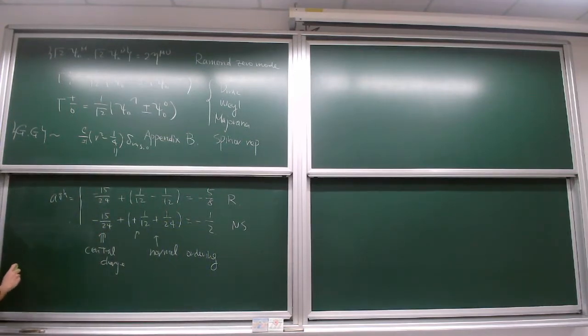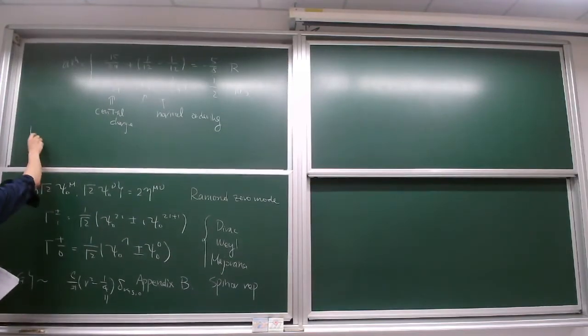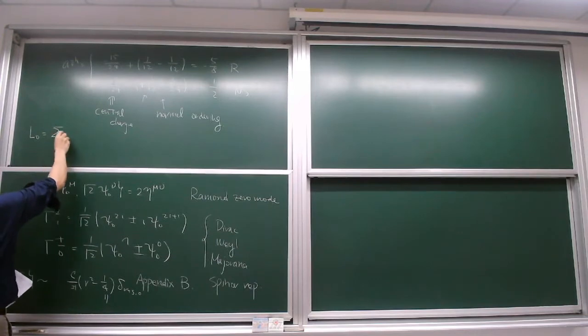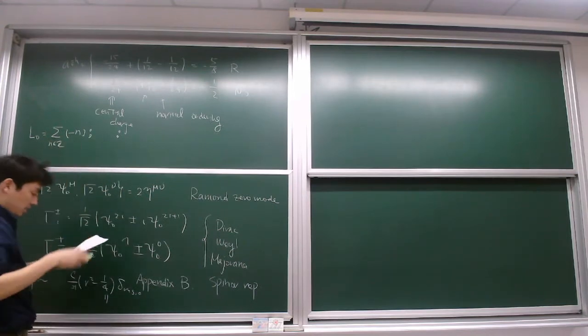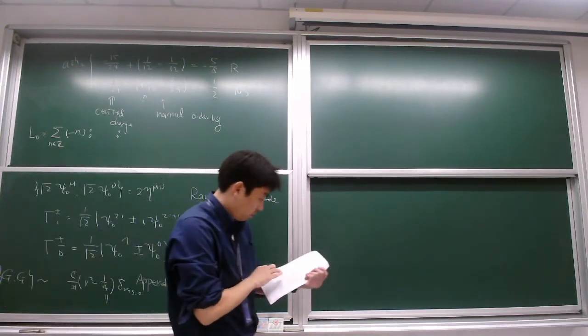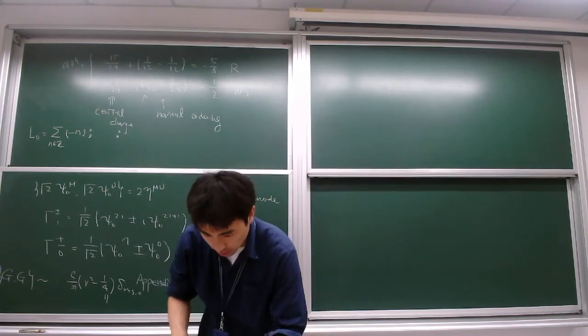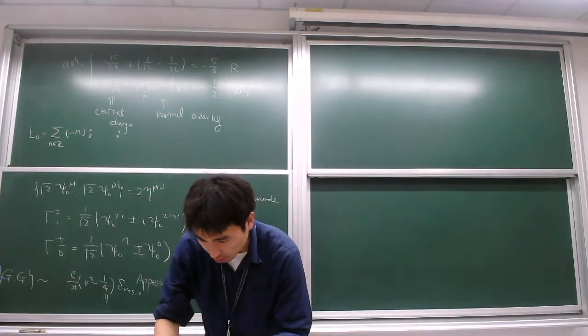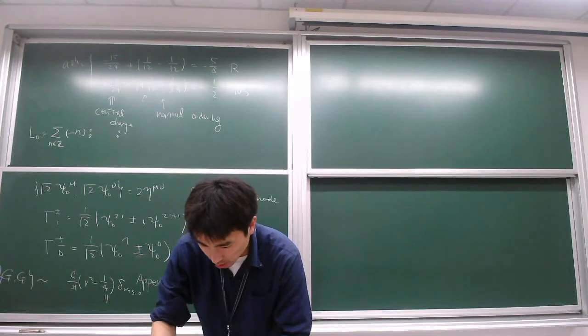So L0 is equal to the sum over minus n, and then I don't know the correct ordering here. What was it? I think I have written it down correctly somewhere in the homework or lecture note, which I don't have now. So let me check now.